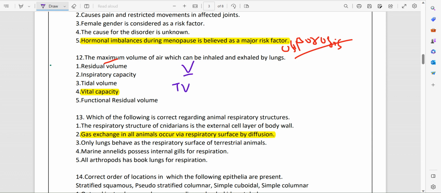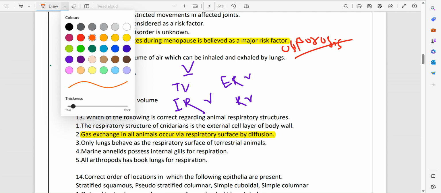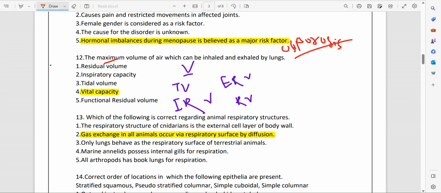TV, IRV, ERV, and RV. So TV is the tidal volume, the normal breathing, IRV is inspiratory reserve volume, ERV is expiratory reserve volume, and RV means residual volume.